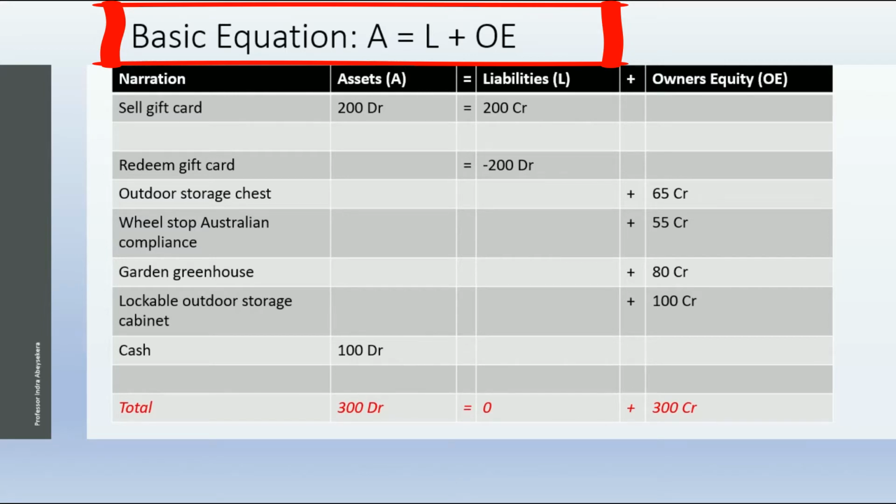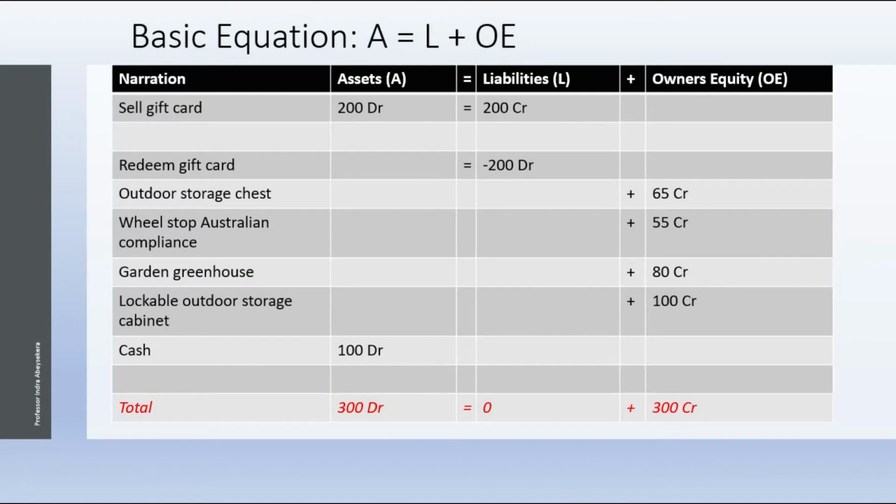Owner's equity is the excess or the shortfall between assets over liabilities. So if there are more assets compared to liabilities, then there's a surplus in owner's equity, and if there are fewer assets compared to liabilities, then there's a shortfall in owner's equity. So let's apply the facts into this equation.